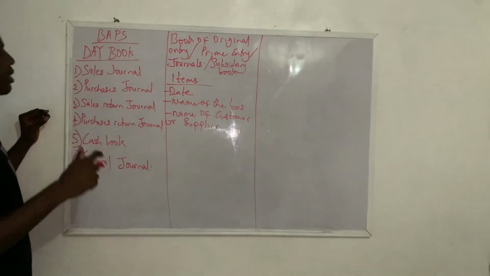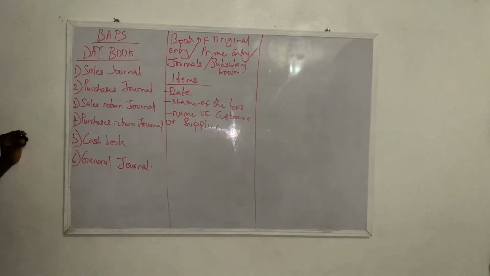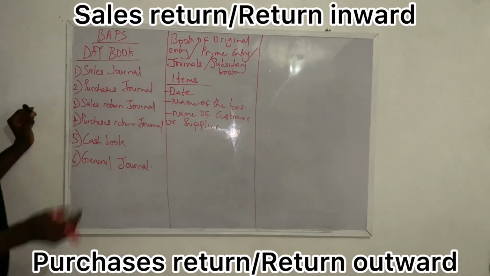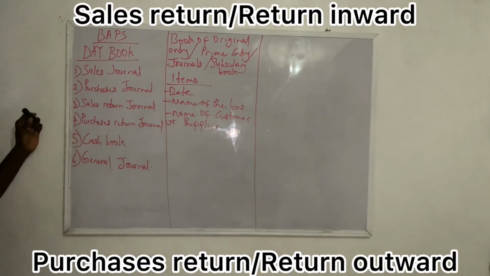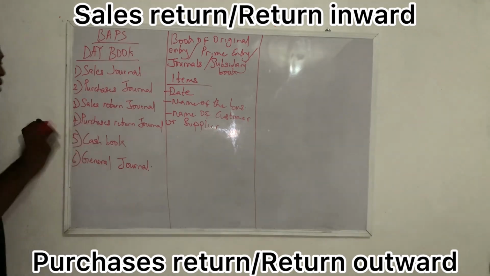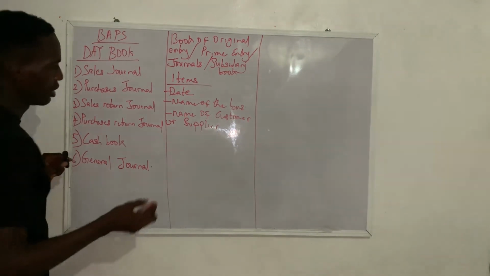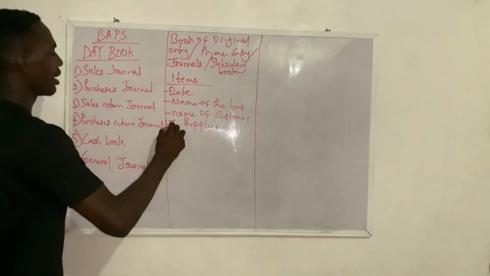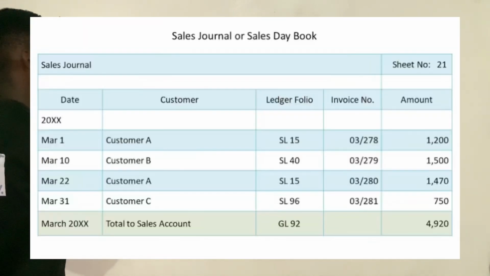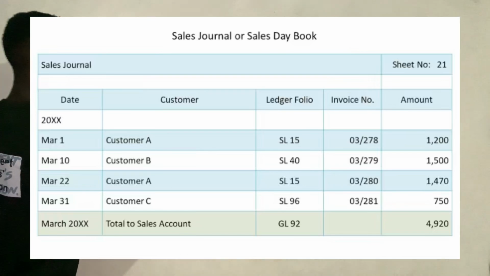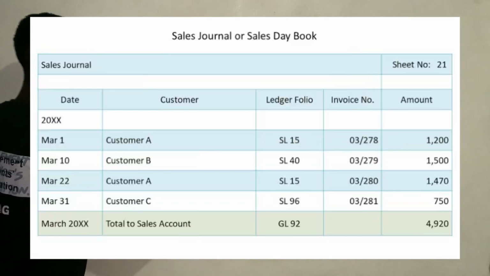That is sales journal, purchases journal, sales return journal, and purchases return journal. Another name for sales return journal is return inward. Another name for purchases return journal is return outward. So we have our invoice number, we have our ledger number, or they can just say folio.